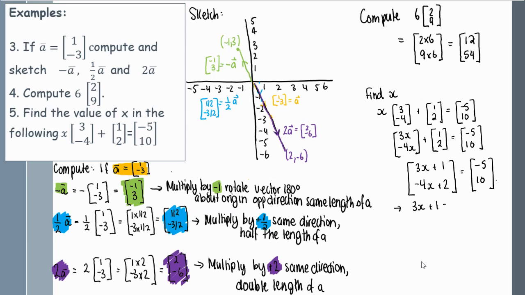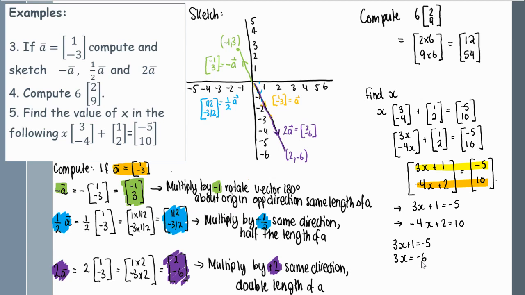Then you separate these into two equations. The first component all the way across: 3x + 1 = -5, and the same with the second component, -4x + 2 = 10. What we do now is solve each equation for x like we normally would, and hopefully we'll get the same number for x.